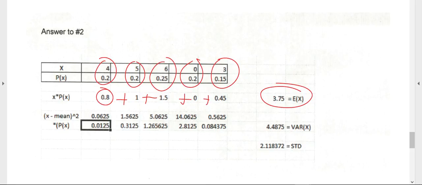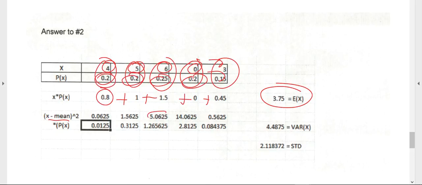This variance is a little bit more complicated. Your first step is you have to subtract the mean from each one of these numbers here. That's what I'm doing, subtracting it and then squaring it. Once you do that, then you multiply by the associated probabilities down here.